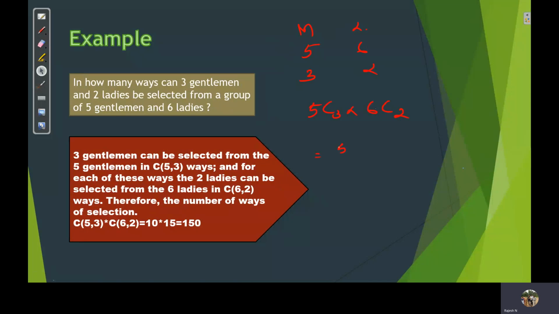So 5C3 is 5 factorial by 3 factorial into (5 minus 3) factorial, into 6 factorial by 2 factorial into (6 minus 2) factorial. So the answer is 150. This is the way we have to find the answer. Next step.